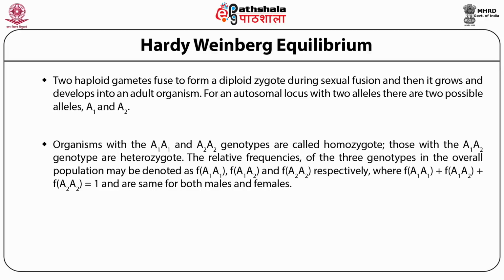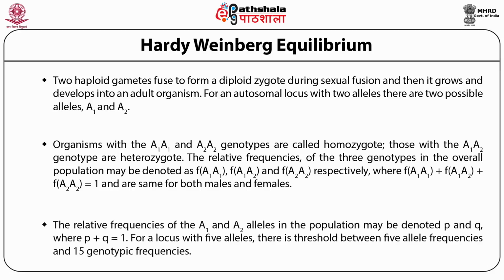The sum of the frequencies of these three different genotypes should be equal to 1 and are the same for both males and females. The relative frequency of A1 and A2 alleles in the population may be denoted by P and Q, where P plus Q should also be equal to 1.